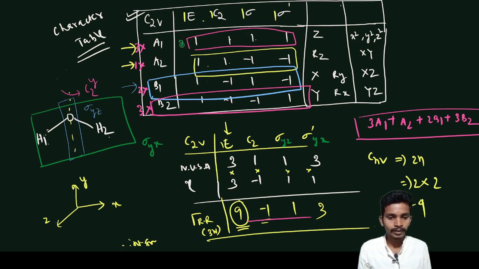So here 3, here 3, here 3, here 3, here 1, 1, here 2, here 2, here 2, here 2, here again 3. So what value will I get? This is 3 1 4, 4 5 6 7 8 9. So 9.